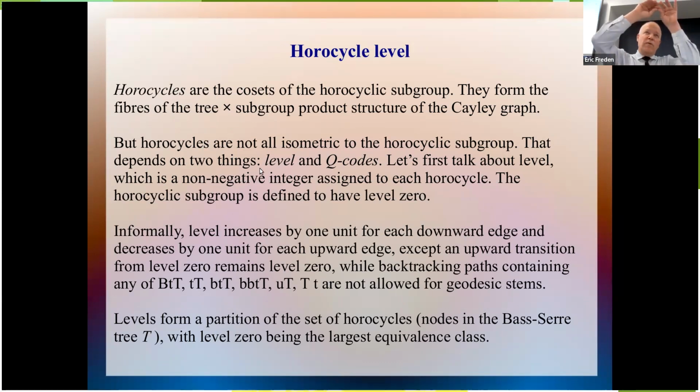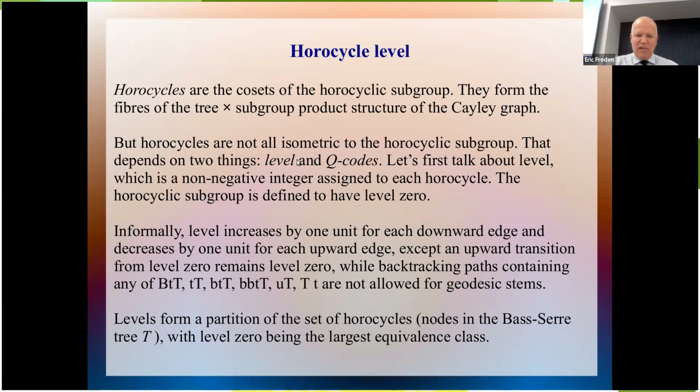When you go up in the group, things get close together. It's hyperbolic geometry. When you go down in the group, horizontally, things are far apart. So as you go down, your horse cycles grow faster. I'll show you in a second an example of that. So there are two things. Horse cycles are not all isometric.